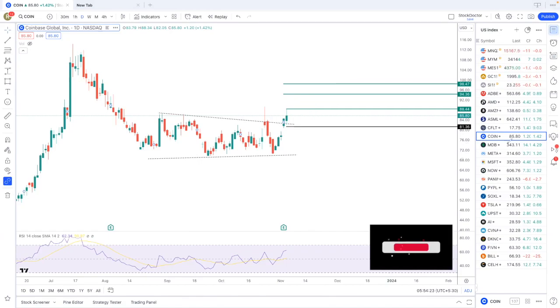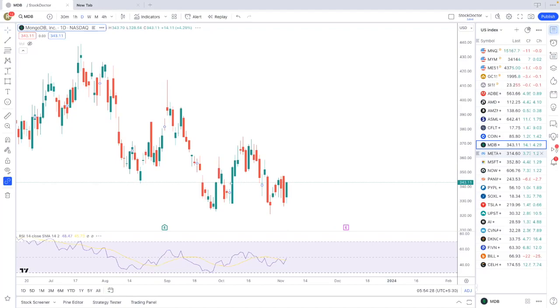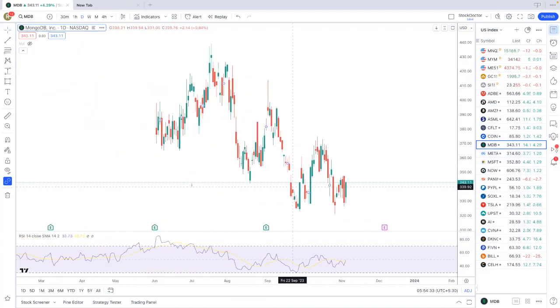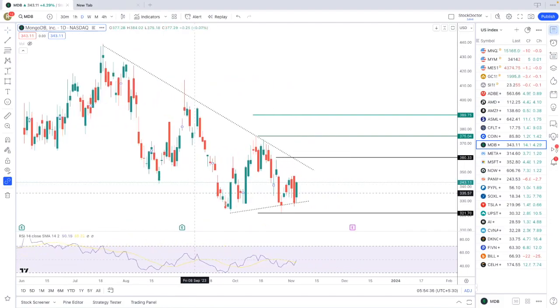Now we are going to talk about MDB. So for MDB, if you see here, currently MDB is having a big channel. Okay, so it has to trade above 360.